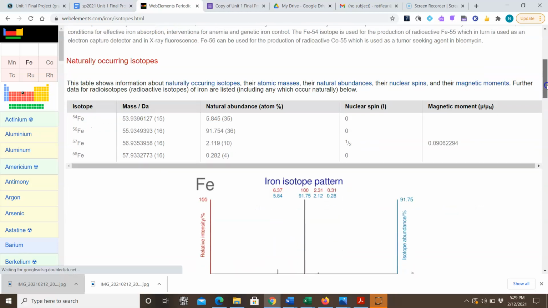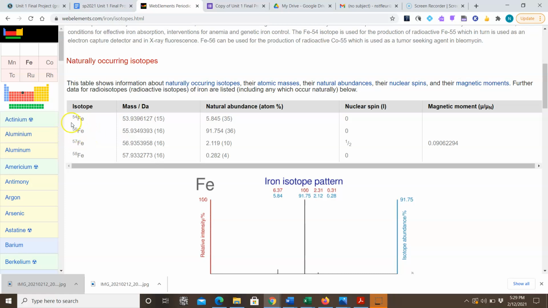If you were to gather all the iron atoms that are on Earth, some of them will be iron 54, some 56, some iron 57, and some iron 58. But which isotope of iron will be the most abundant? Well, the percent abundance is in this third column here, and you can see here 91.754% iron 56. So this will be the isotope of iron that you're going to start with.